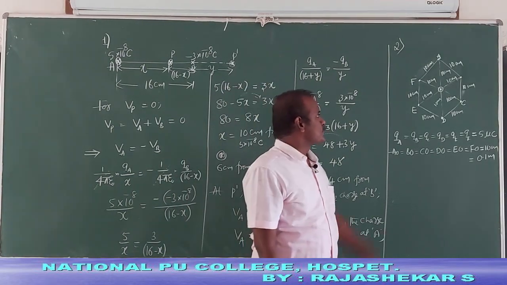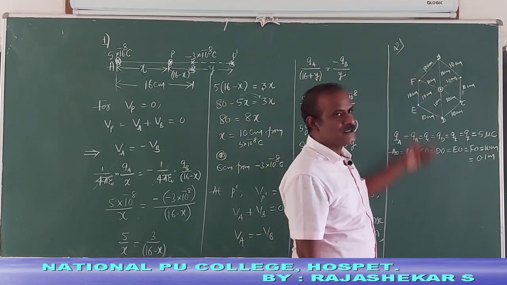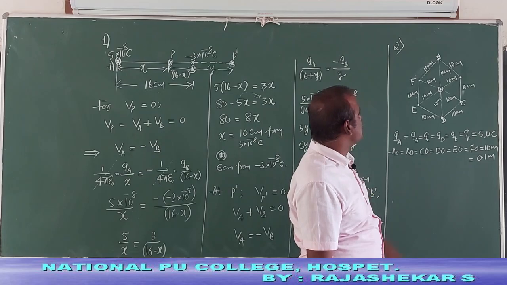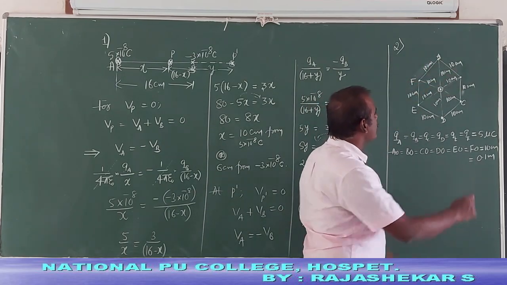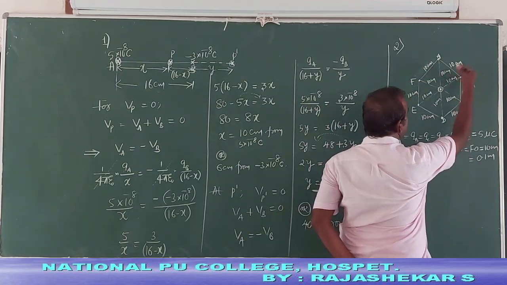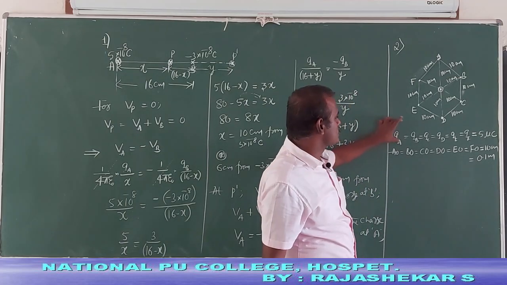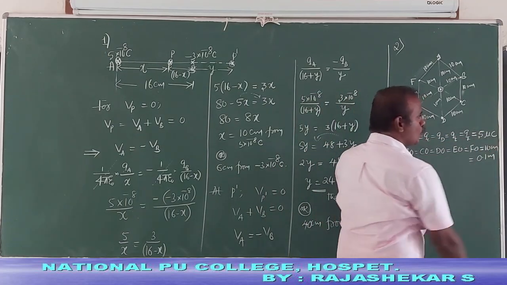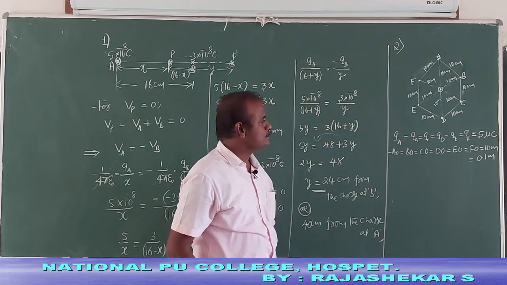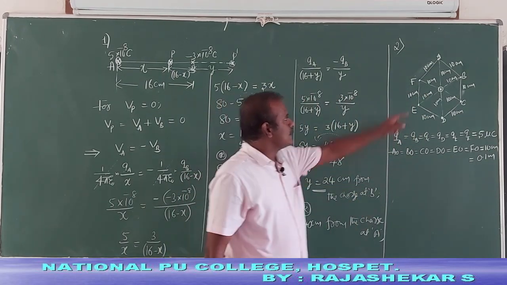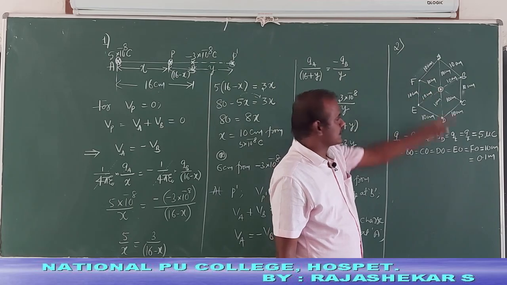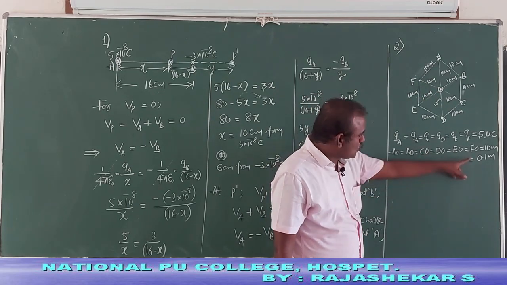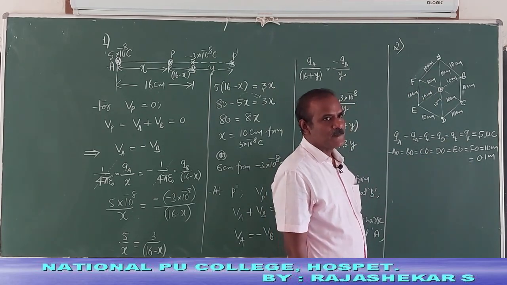Well students, for question number 2, look at the arrangement. Regular hexagon having charge at every corner. Look at the charge at every corner, and all charges are identical, each equal to 5 microcoulomb. And distance from each corner to the center is also 10 centimeter or 0.1 meter.